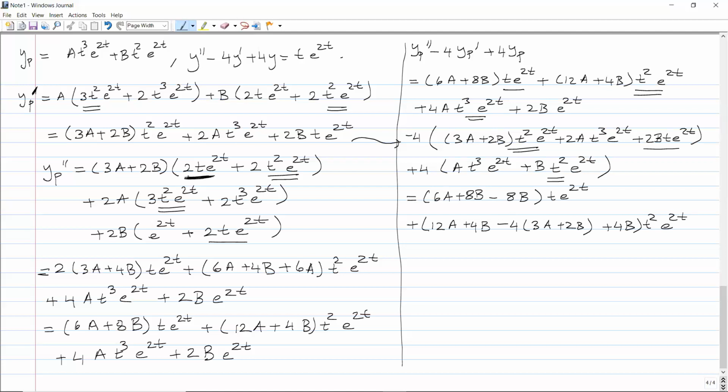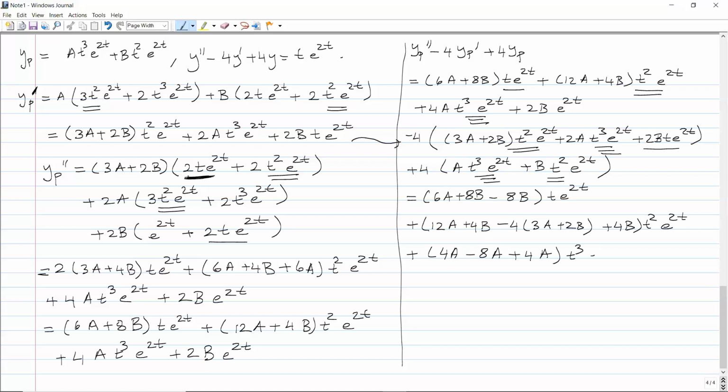Now with t cubed here, here, and here. So 4a, minus 8a, because in the second term I have 2a, but it's multiplied by minus 4. And from the last term, I have 4a.